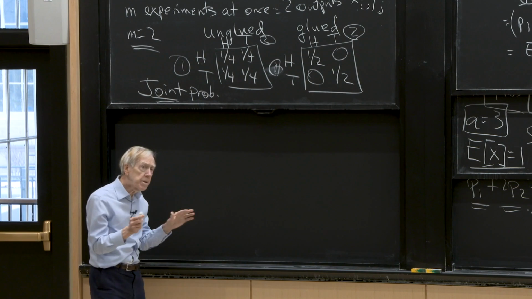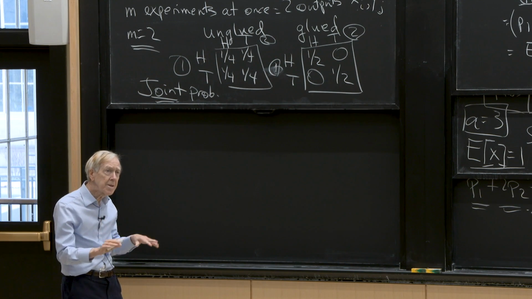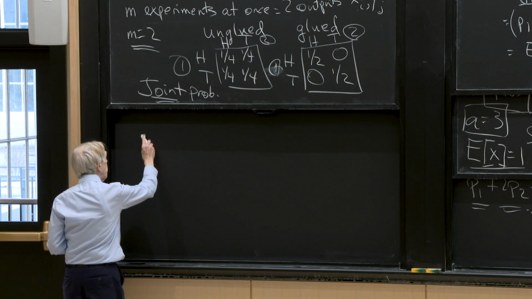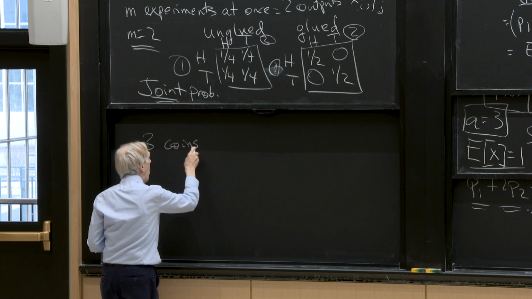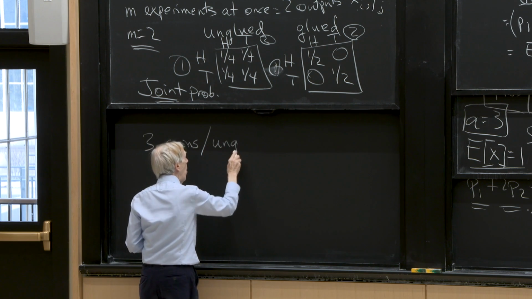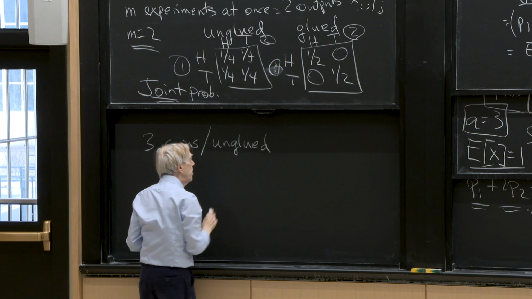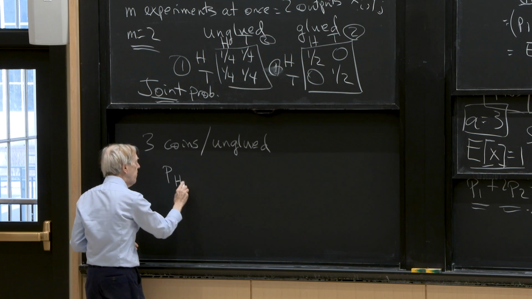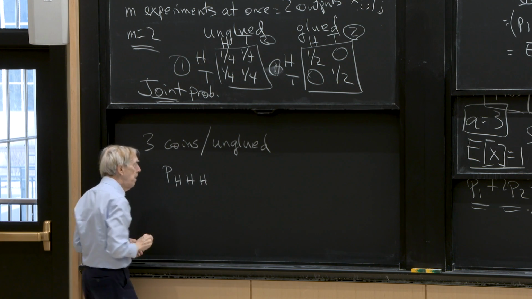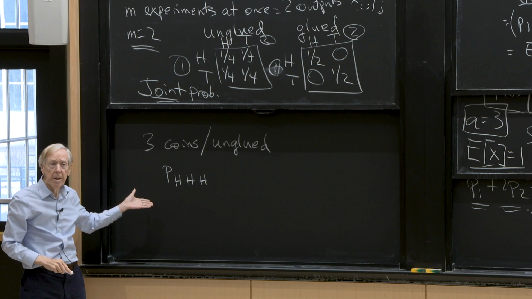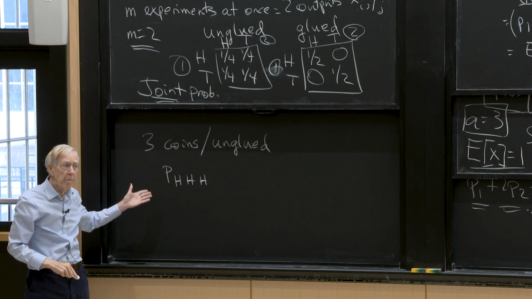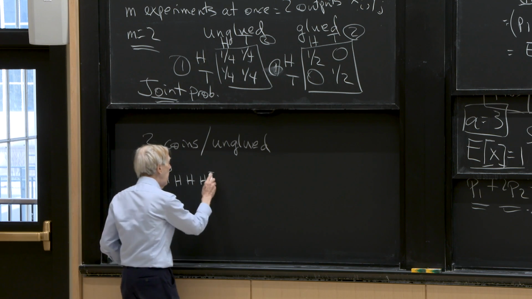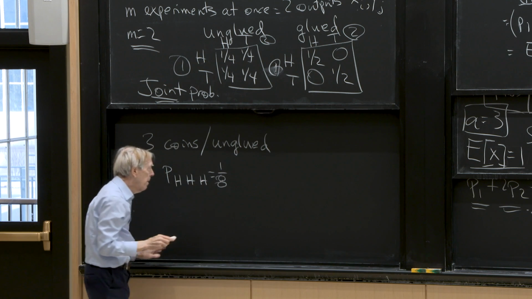Just the whole idea is to see what this joint probability is like. So suppose I have 3 coins unglued, then I want to know the probability of getting heads on the first, heads on the second, heads on the third. Just to give me that number. What will be the probability that all 3 of them independently come up heads? 1/8, okay.